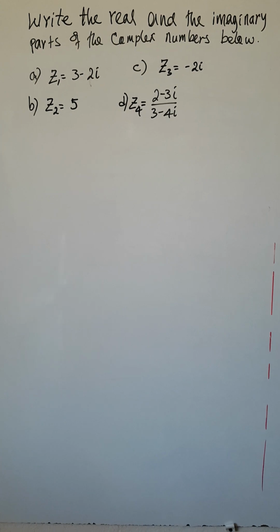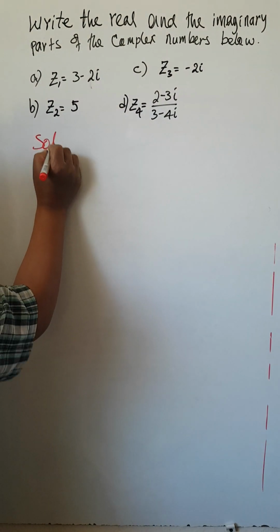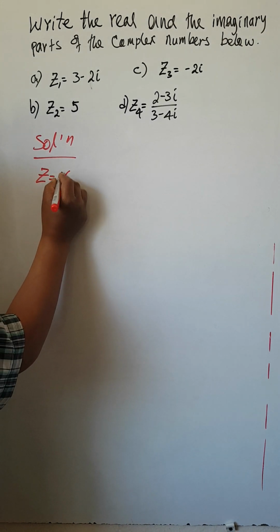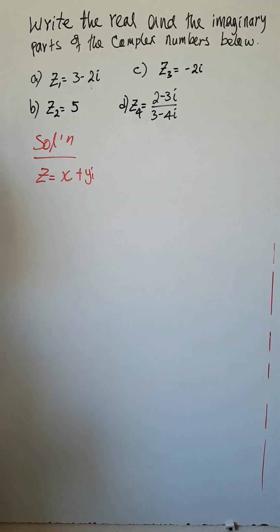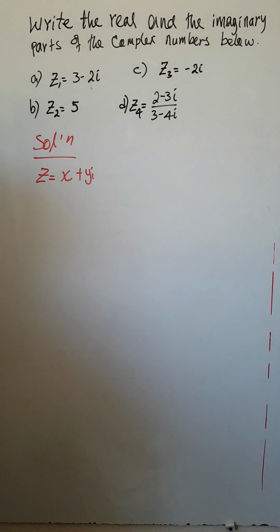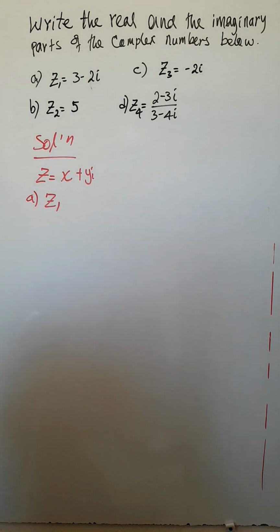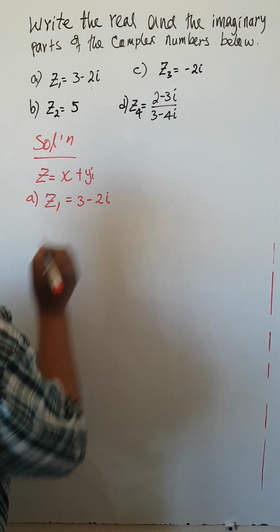Now look how we write. As you all know, any complex number z is composed of the real part x and the imaginary part y. So in our case, z1 is equal to 3 minus 2i.